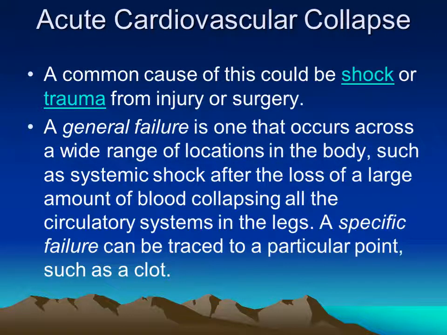Acute cardiovascular collapse. A milder or preliminary form of circulatory failure is circulatory insufficiency. A common cause of this could be shock, trauma from injury, or surgery. A general failure is one that occurs across a wide range of locations in the body, such as systemic shock after the loss of large amounts of blood, collapsing all the circulatory systems in the legs. A specific failure could be traced to a particular point, such as a clot.